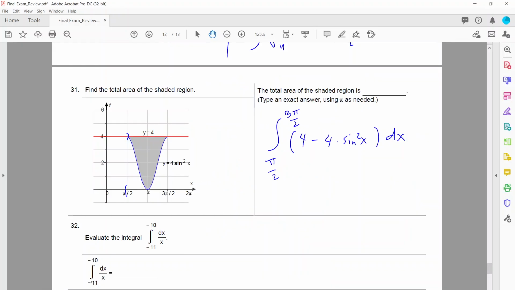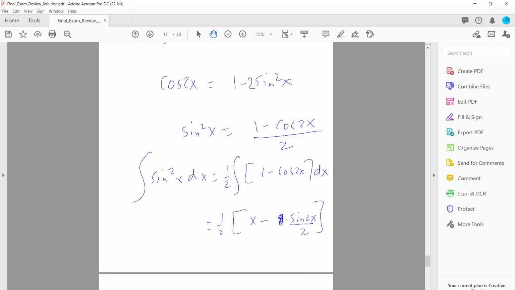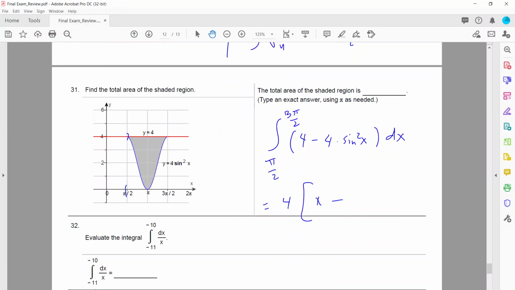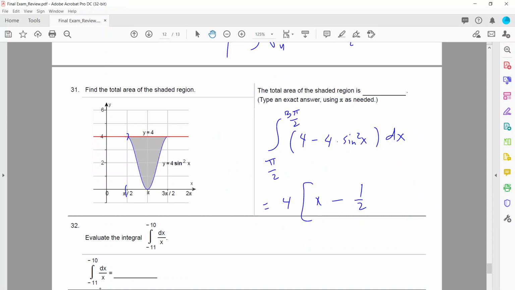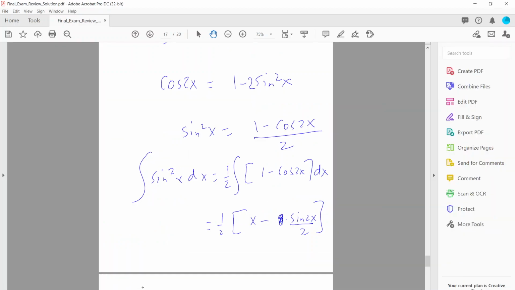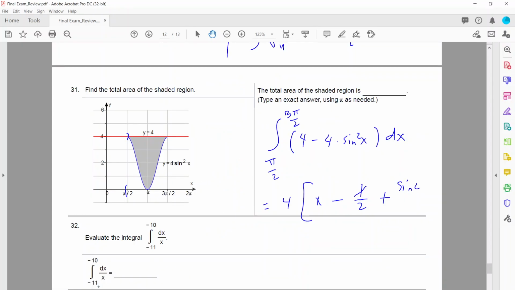When you try to find this integration, the integration of 4 is 4, so you can just factor out 4. The integration of 1 is x, and integration of sine square of x you can get from this part, which is half times x minus sine 2x over 2. So half times x over 2 plus x over 2, because of this minus, you have to distribute this half as well, so it would be sine 2x over 4.